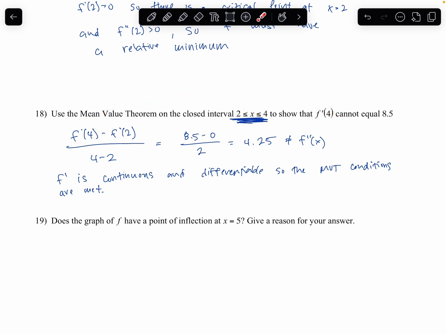So f prime is continuous and differentiable, so the mean value theorem conditions are met. So there must be a time where the average rate of change will equal f double prime, but it's not going to be when f prime of 4 equals 8.5. Trying to think of a way to say that that's kind of clean.